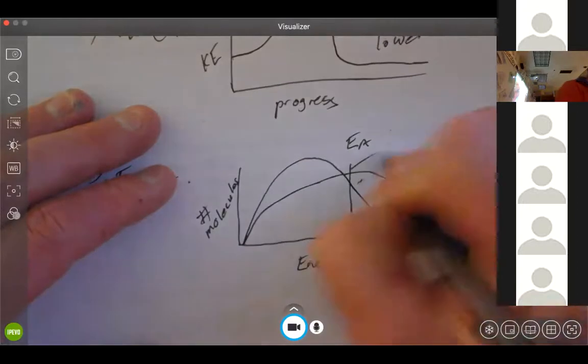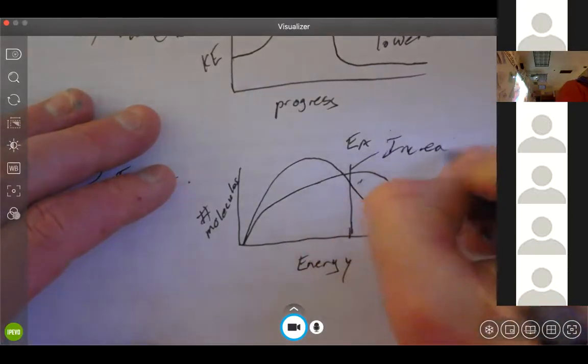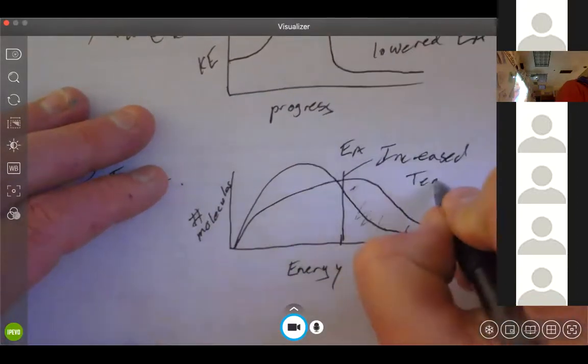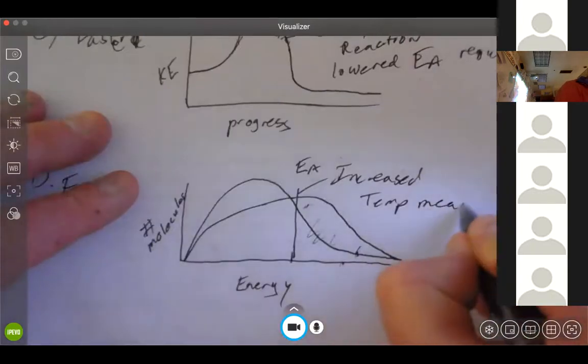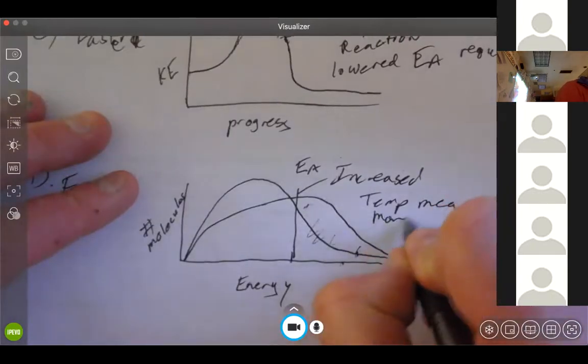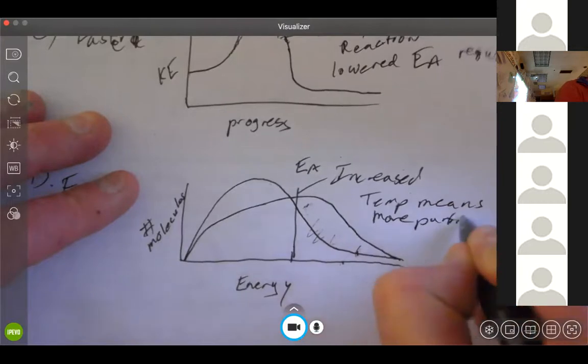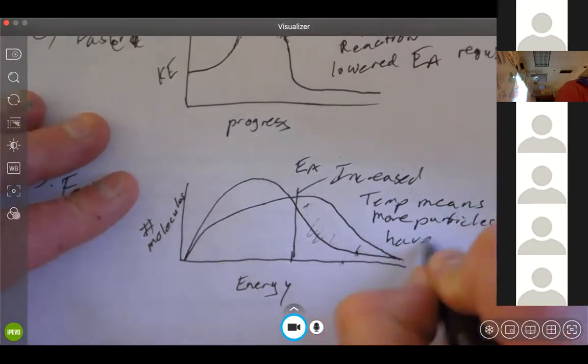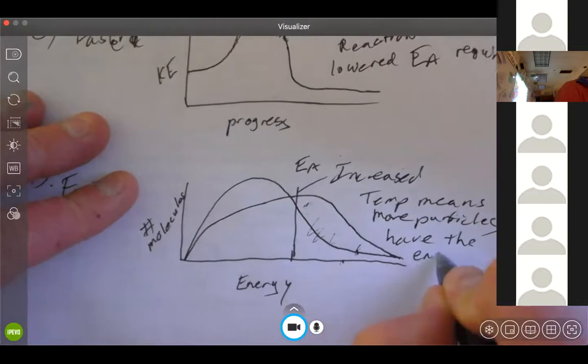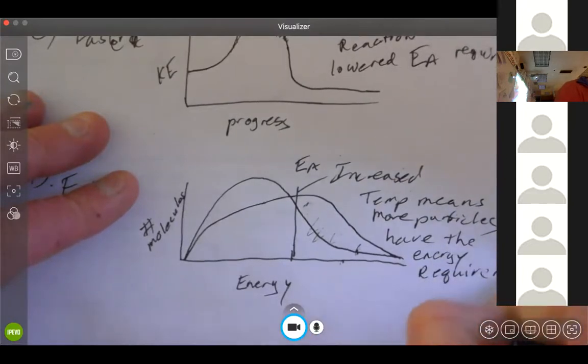So the fact that increased temperature means more particles have the energy requirement. Very cool.